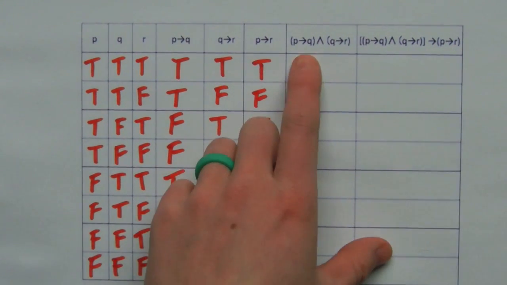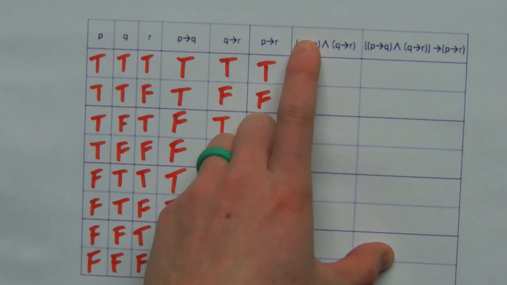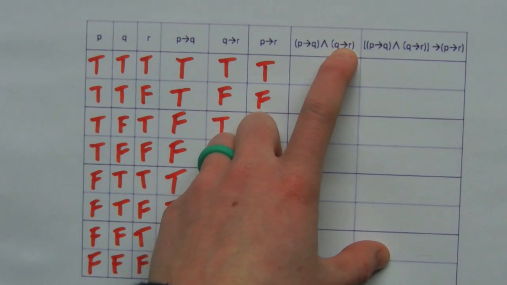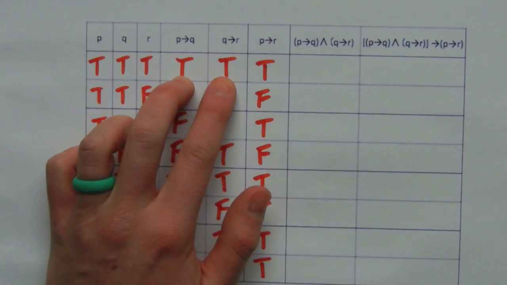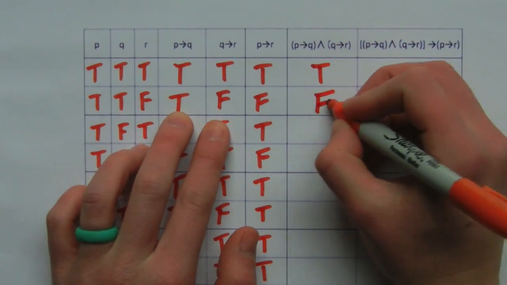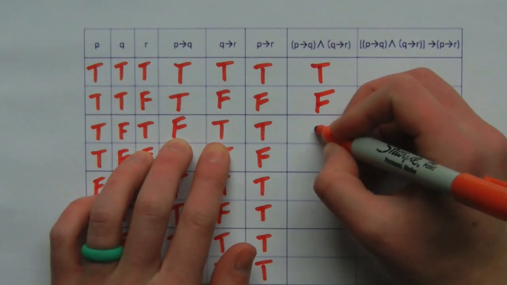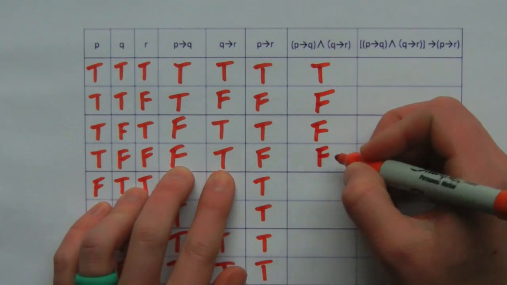Now we're going to look at P implies Q and Q implies R. So we need both of them to be true since it's a conjunction. Both are true here. One is false. One is false. P implies Q is false.